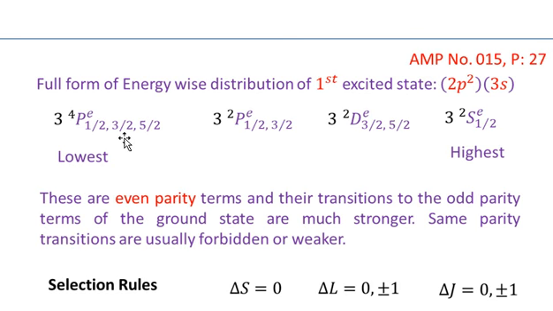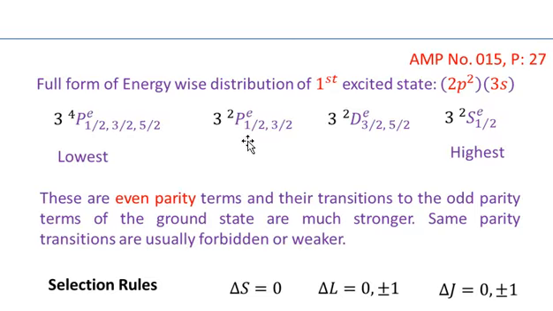Then the next value of J energy-wise is 3/2. Then the next value according to J is 5/2. So the term 4P 1/2 is lowest in energy out of these 4P terms. Then the term 4P 3/2 will be the next higher energy term, and then the 4P 5/2 will be the next higher energy term.